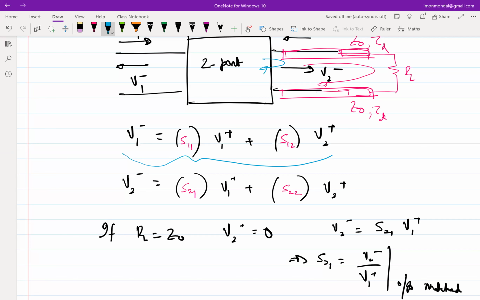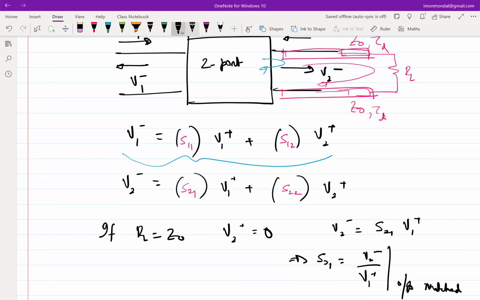So how do I ensure V2 plus goes to 0? By putting an output match. So I put an output match, find out the ratio of the reflected waveform to the forward going wave. That ratio gives my S11. Basically, just like you do Z parameter or Y parameter analysis, you open or short individual ports. In this case, you match which port you want, right?